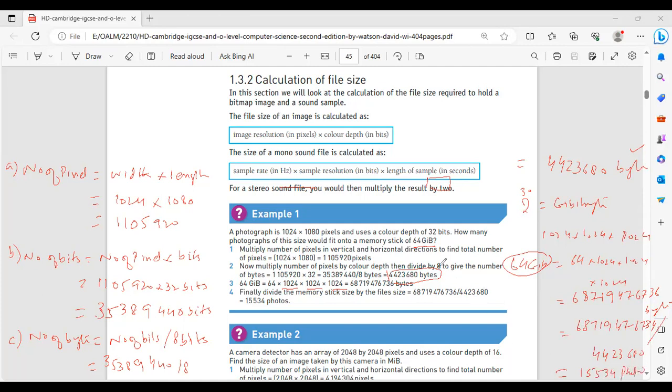One photo takes this number of bytes. So how many photos will be stored in 64 GB?